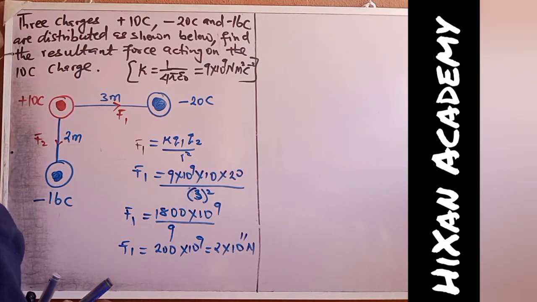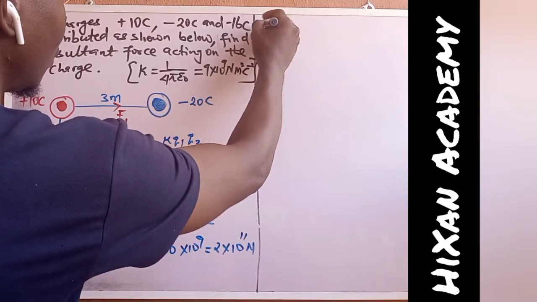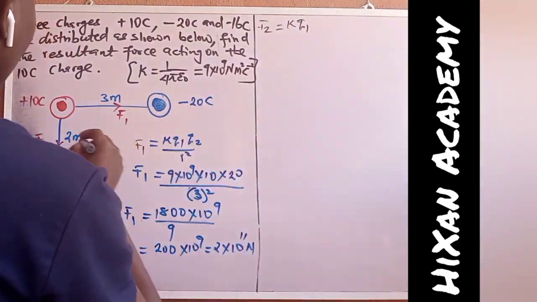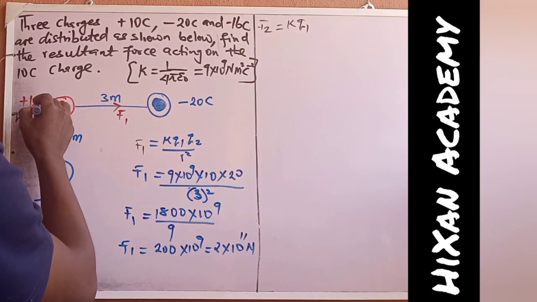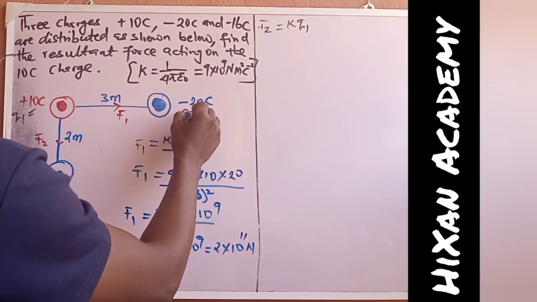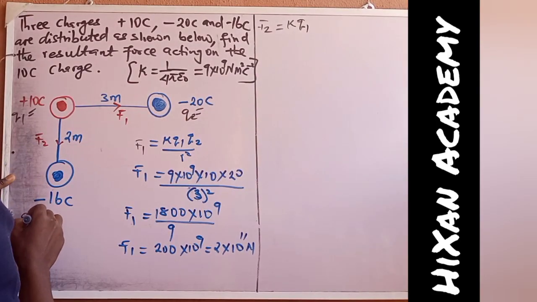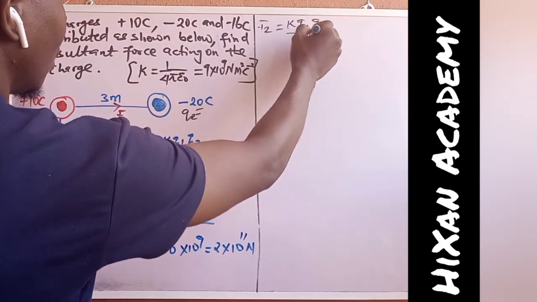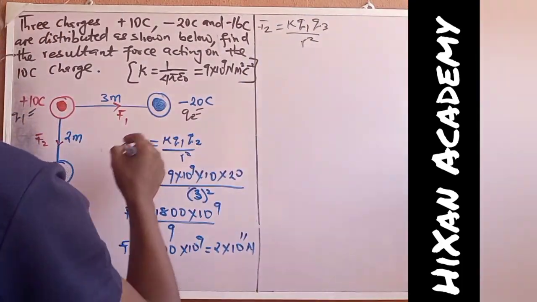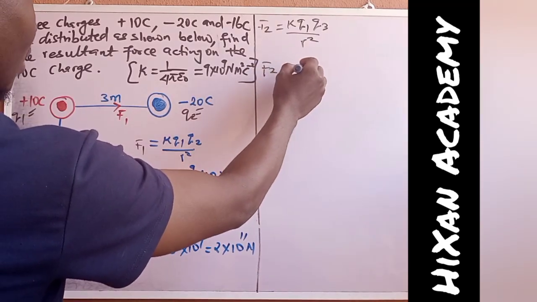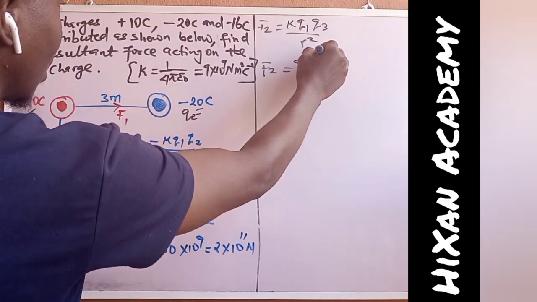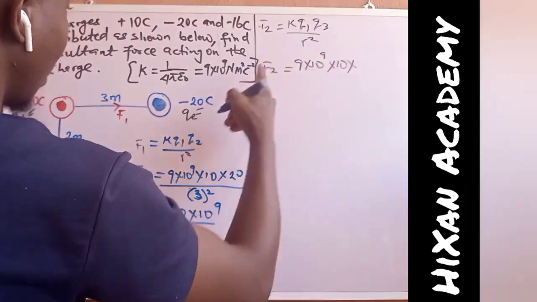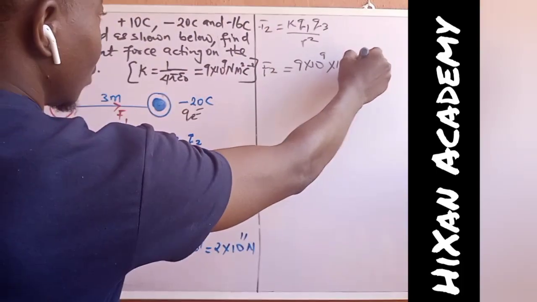So our F2 will be K Q1. Of course, this is our Q1. We call this Q2. Then this is going to be our Q3. So we're going to have Q1, Q3 upon r squared. So F2 will be 9 times 10 raised to the power 9 multiplied by Q1, which is 10, multiplied by Q3, which is 16.